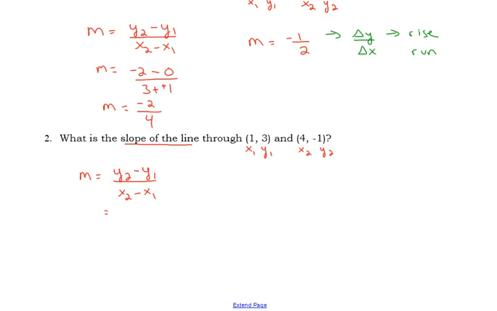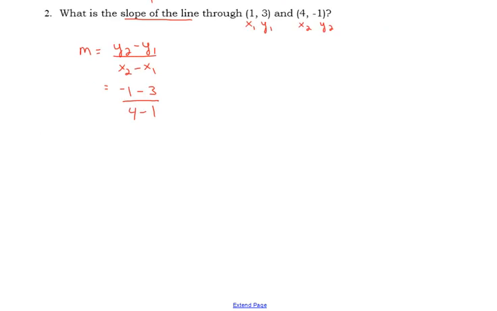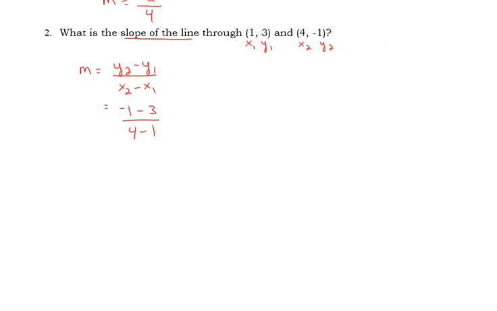The second y is -1, the first y is 3, the second x is 4, and the first x is 1. We're going to clean that up a little bit. -1 minus 3 in the numerator is -4, and 4 minus 1 in the denominator is 3. So the slope of the line going through the points 1, 3, and 4, -1 is -4 over 3.